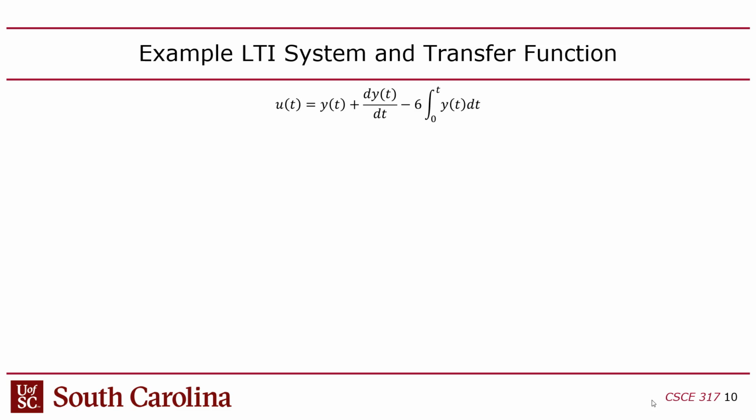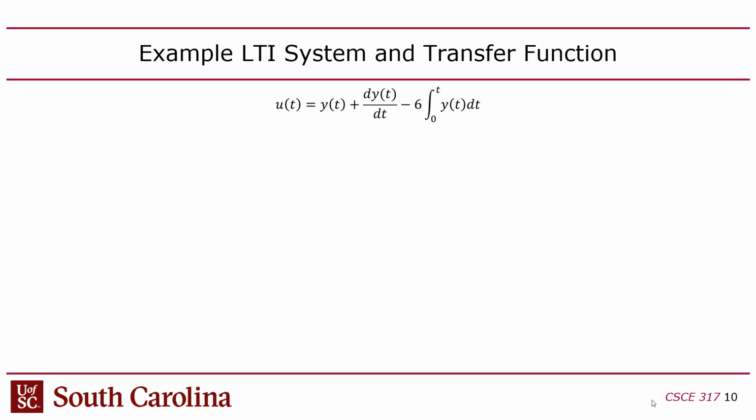I've got two variables because I'm assuming there's one input and one output. You could also have multiple inputs and multiple outputs, but if you do that, you're going to need multiple equations, right? And you end up with a matrix-based transfer function. But in this case, I'm just saying one input and one output.